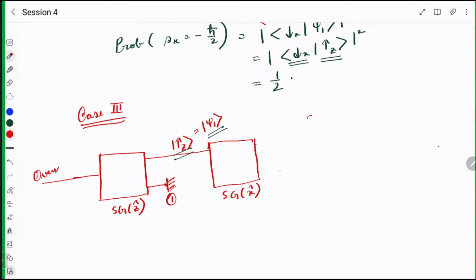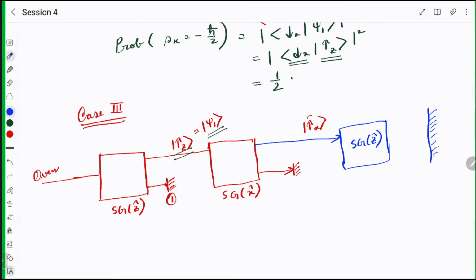Now we put a screen here so that the measurement takes place. After this measurement happens, we know that whatever is coming out of here is in the up x state. And now we put another Stern-Gerlach along Z. And finally, we put a big screen. So there are now three screens. Now we want to know, what will appear on screen 3.